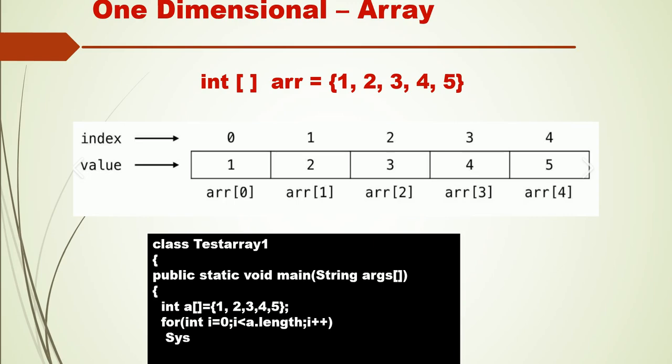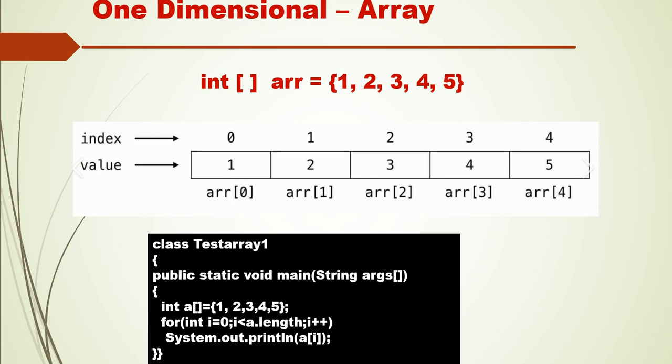It contains 1, 2, 3, 4, 5, and we can print these values using a for loop: for int i equal to 0. Remember that the index value of an array always starts with 0, so that's why we start here from 0.